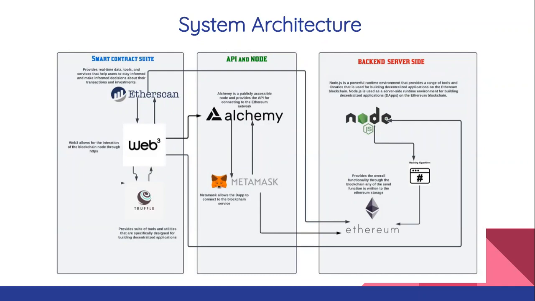Then on the local machine, I'm using Node.js, which is a powerful runtime environment that provides a range of tools and libraries that can be used in building decentralized applications on the Ethereum blockchain. Node.js is being used here as a server-side runtime environment.